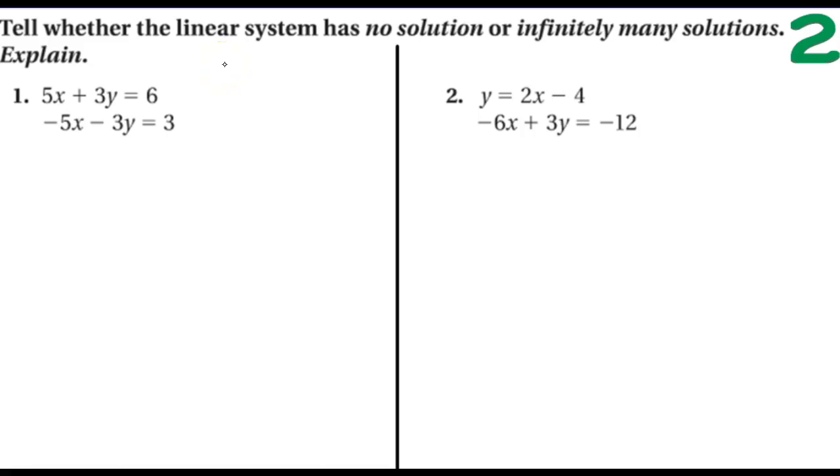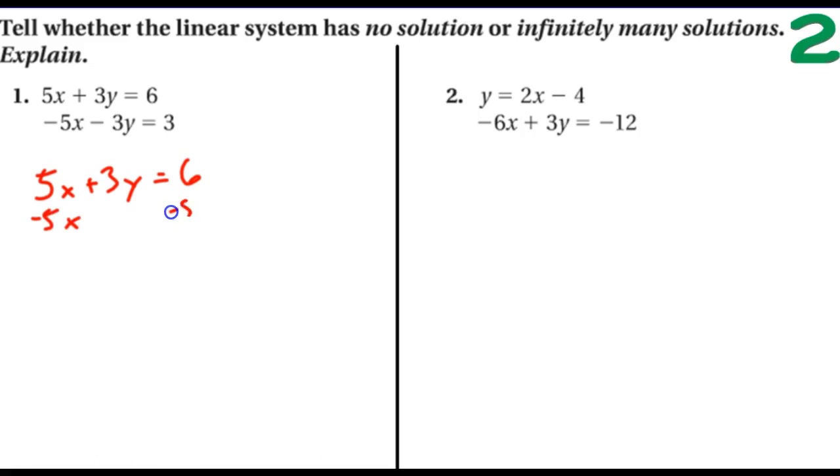Now, if we take a look at this one, it says, tell whether the linear system has no solution or infinitely many solutions, and explain why. Well, we need to get these two into slope-intercept form. So we could just start with 5x plus 3y equals 6.